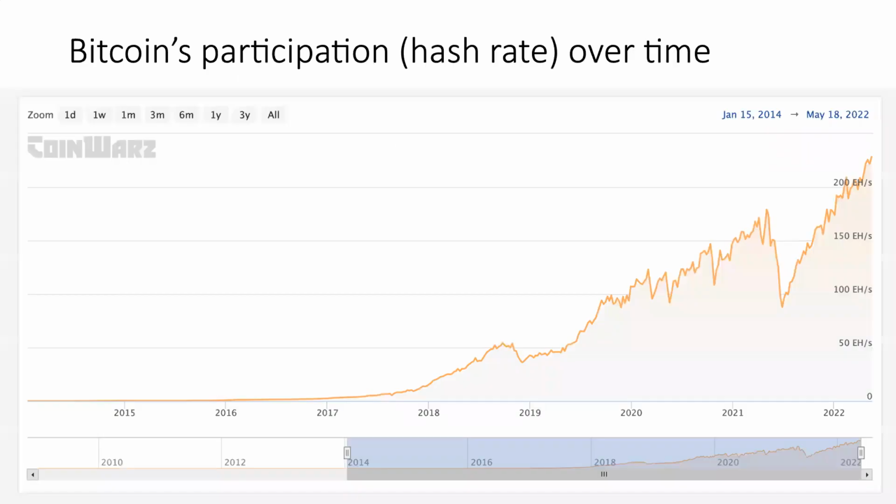Right? And so this is roughly the participation level of Bitcoin over time, measured by hash rate. And you can see over the 10 years, it increased a billionfold. And there are also very dramatic sudden drops, by half, occasionally. And this doesn't mean participation increase.